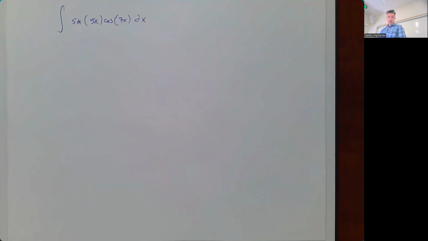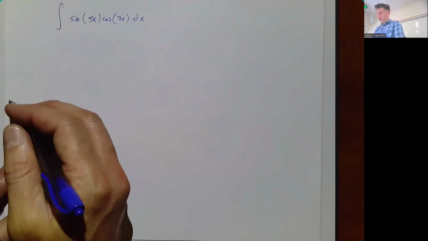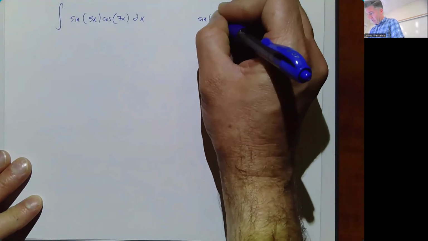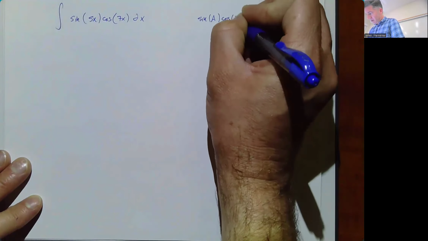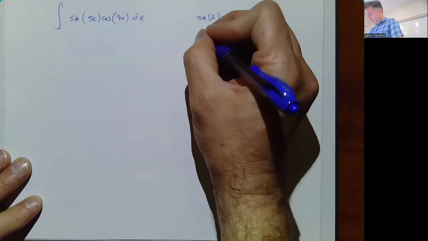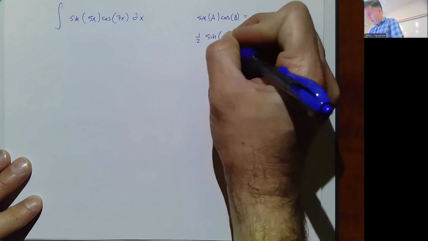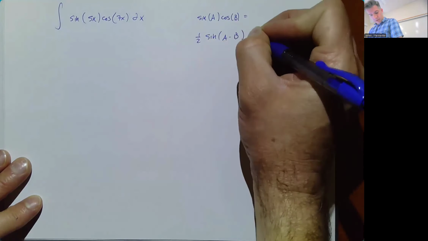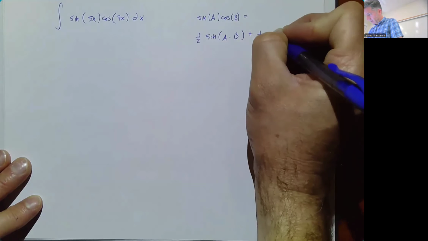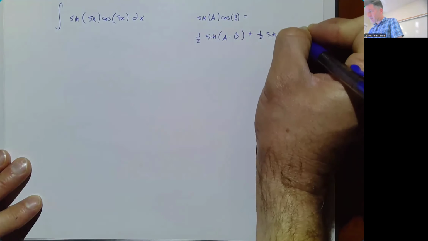There is an identity for this. When you have sine of A times cosine of B, it's equal to 1/2 sine of A minus B plus 1/2 sine of A plus B.